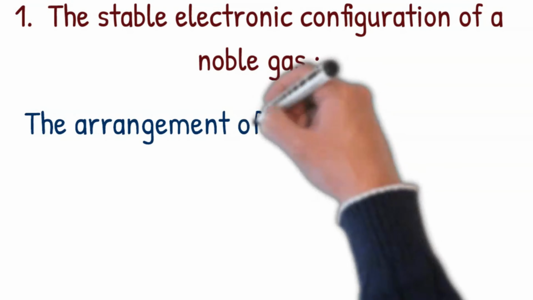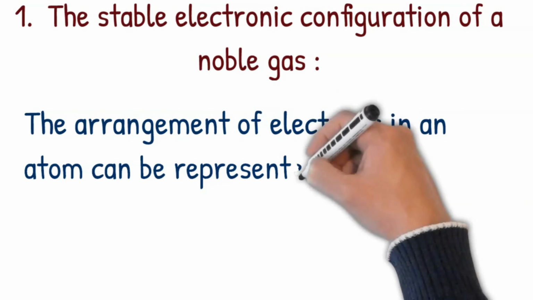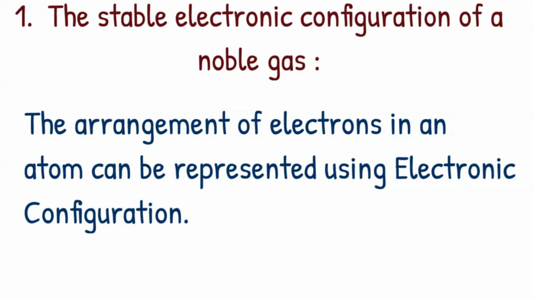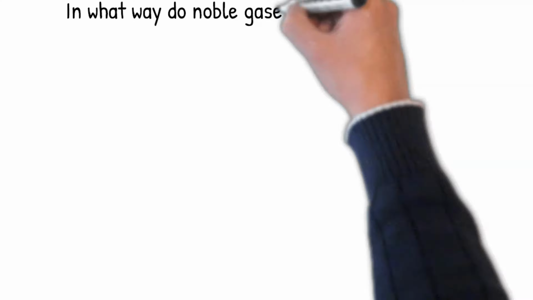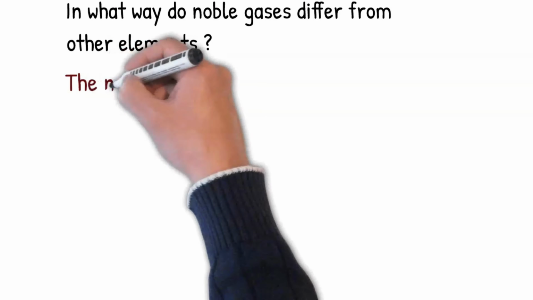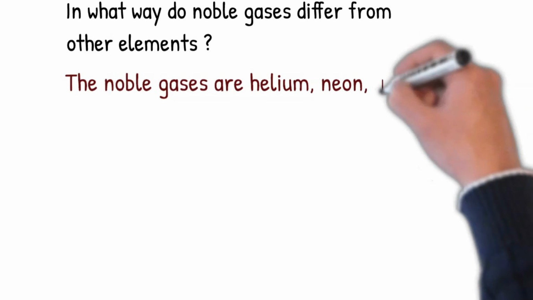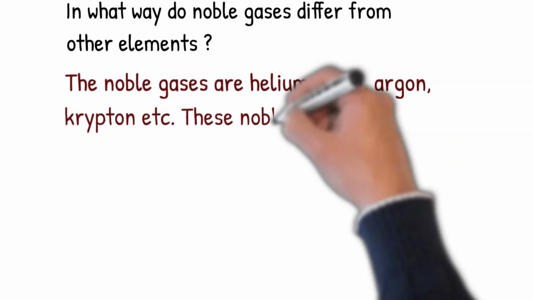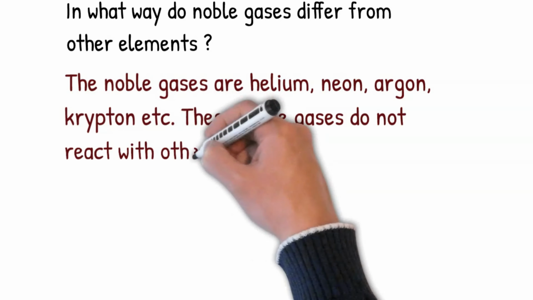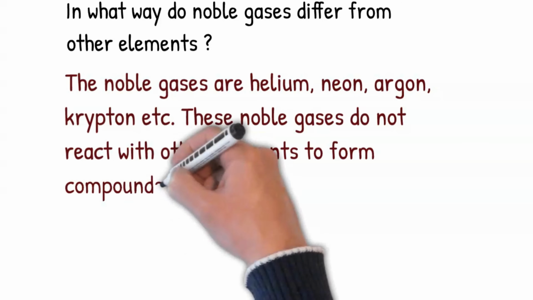The stable electronic configuration of a noble gas, the arrangement of electrons in an atom, can be represented using electronic configuration. In what way do noble gases differ from other elements? The noble gases are helium, neon, argon, krypton, etc. These noble gases do not react with other elements to form compounds.